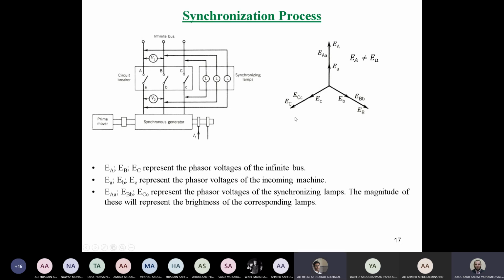So the magnitudes are not the same. Exactly. The voltage magnitude here is not equal. As you can see, the vector here is smaller than the large vector here. So here we have a problem in the voltage magnitude. For that we cannot connect these 2 sources in parallel.